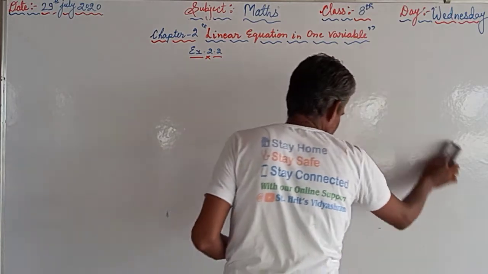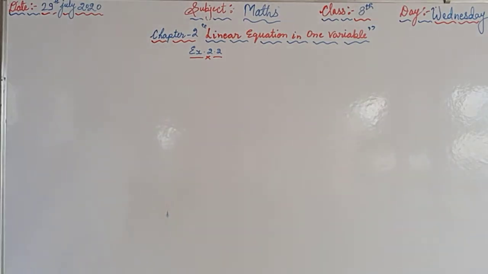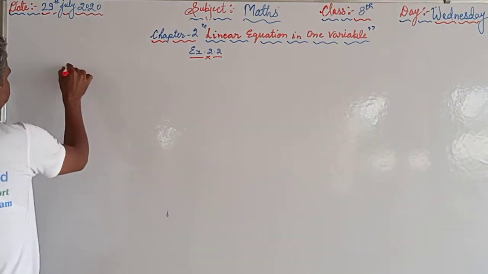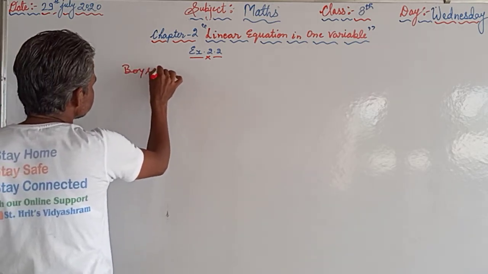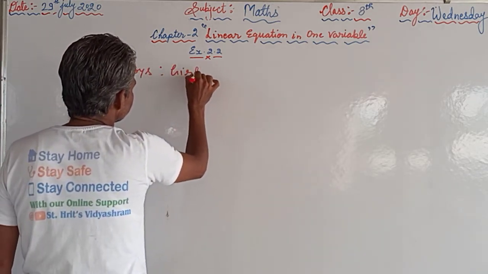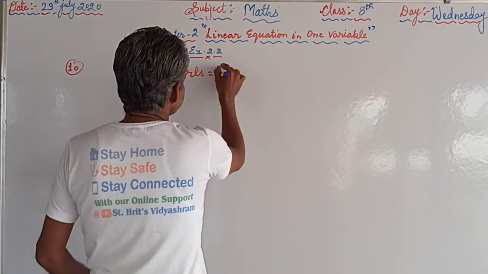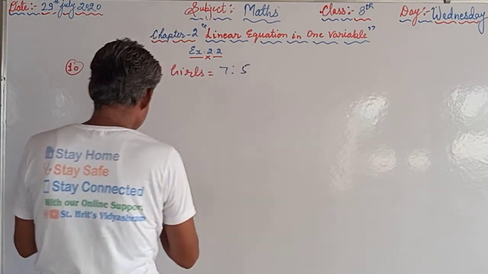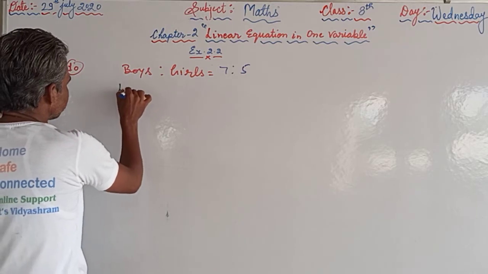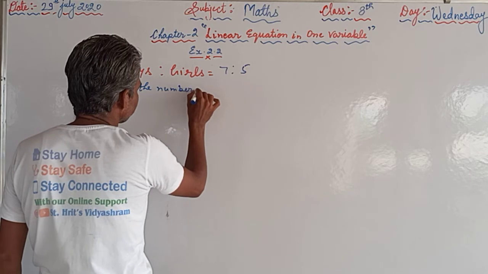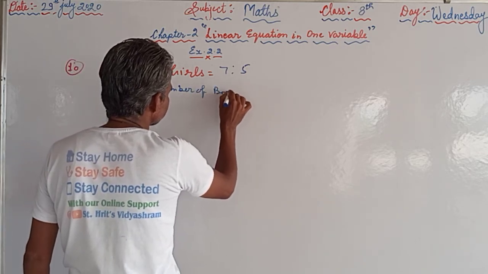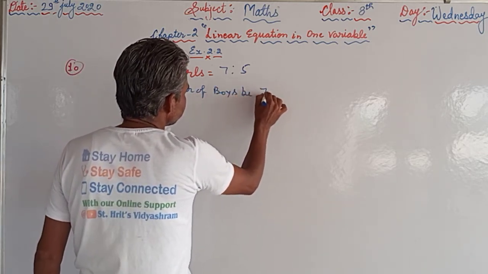Question number 10. The ratio is given of boys to girls, that is 7:5. Let the number of boys be 7x.